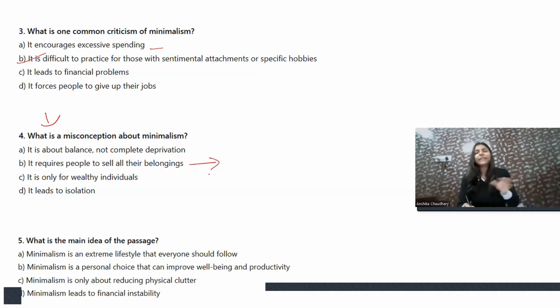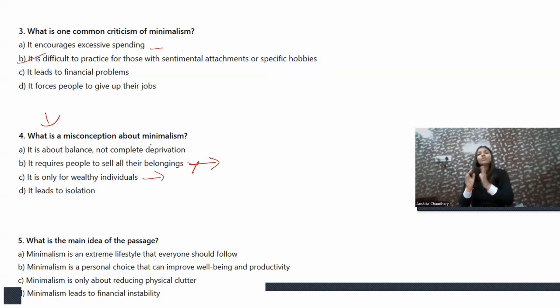It is something that is not mentioned anywhere in the passage, so completely eliminated. It's only for wealthy individuals. No, in the complete paragraph we haven't seen any line that shows that it is only for wealthy people. Or which one, right? It leads to isolation. It can lead to isolation, but that's up to the people, how they are taking it and making it, right?